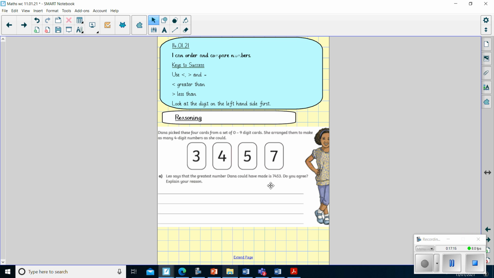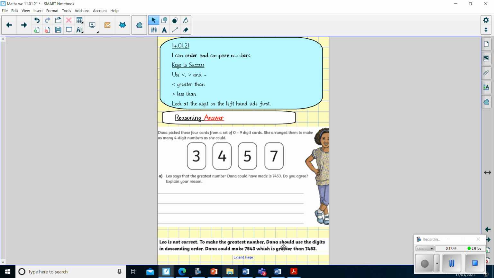Leo thinks that the greatest number that Dana could make is 7,453. Do you agree? Explain your reason. So do you think there is a larger number, a greater number that you could make? And explain why. So pause the video and have a go at that question, please, and then pop back to me when you're done.